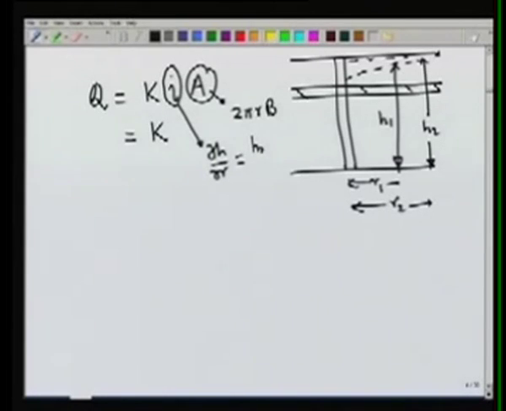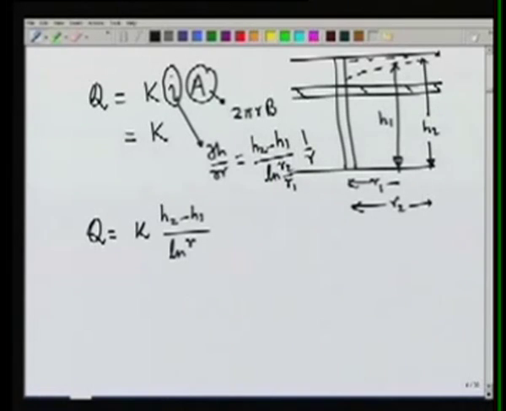So H2 minus H1 over ln R2 over R1, times 1 by R. If we put these values of I and A in this equation, then Q can be written as K H2 minus H1 over ln R2 over R1 times 2 pi B, because this R and 1 over R will cancel out.